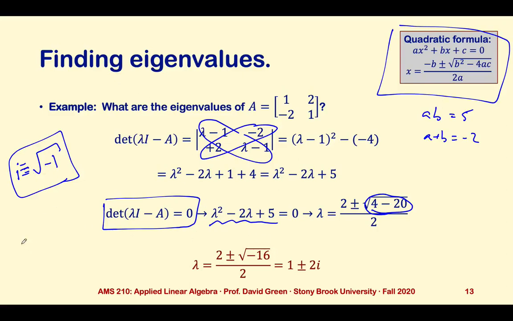And so the square root of -16 is the square root of 16 times the square root of -1, or is 4 times i. When we plug that 4i into here and divide through by 2, we get lambda equals 1 plus or minus 2i.